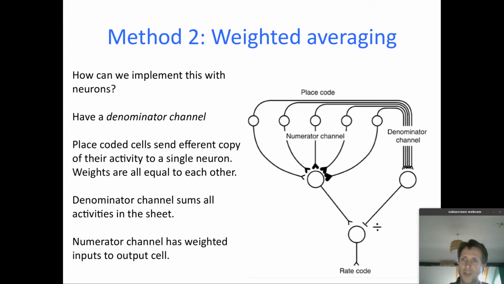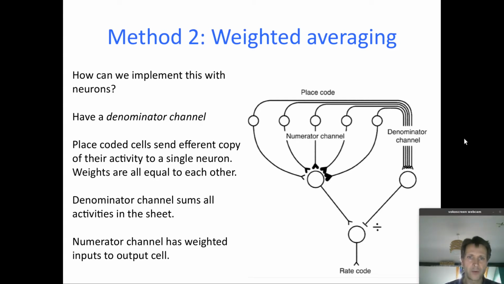The question then is how you would actually implement the maths of averaging, of doing the normalization, using neurons. The answer is to have a denominator channel.